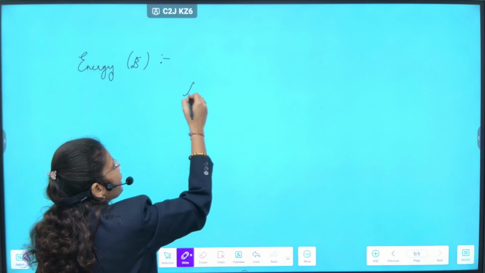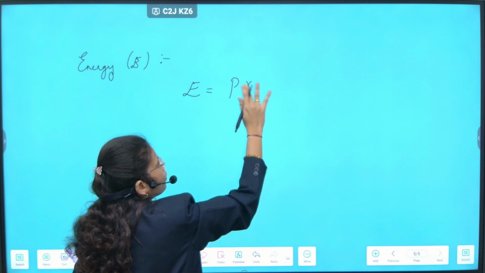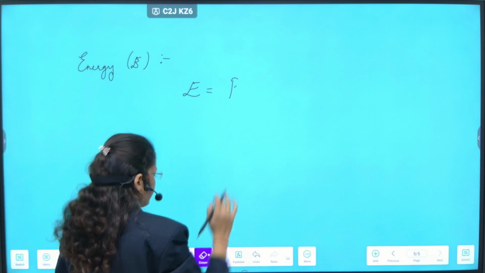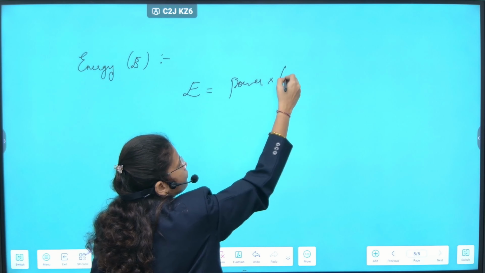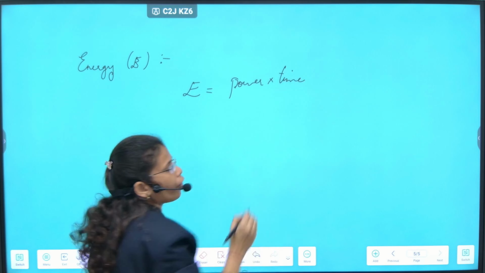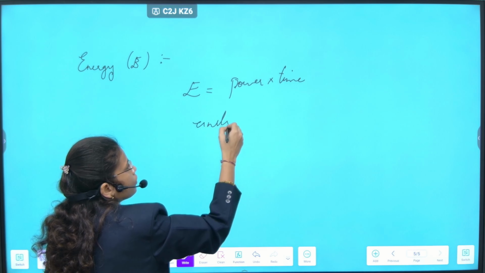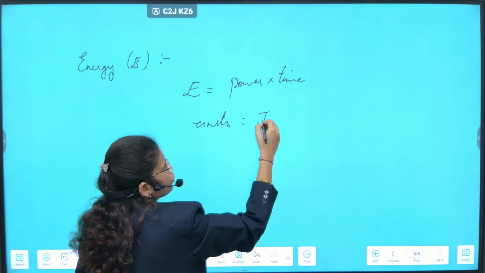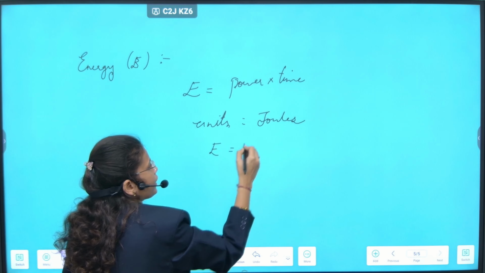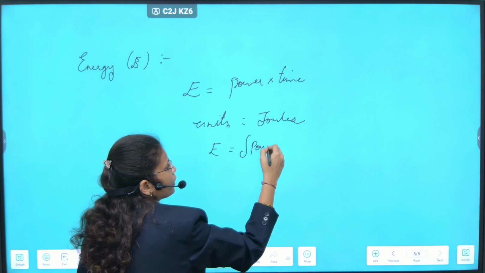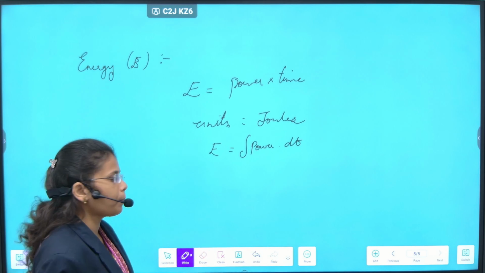It is the product of power into time, and energy units are joules. Energy can also be written as the integration of power with respect to time.